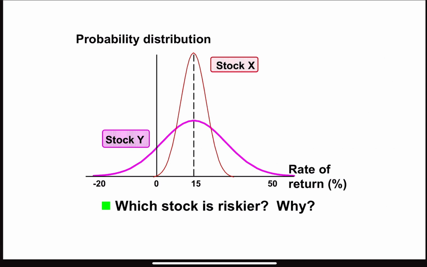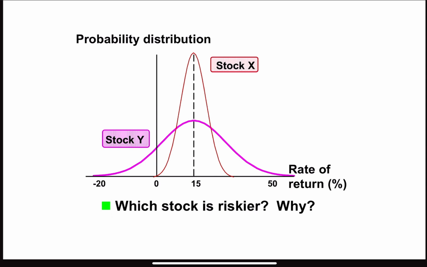Now, if we look at these two stocks, we have stock Y and we have stock X. This represents the rate of return, and we can see our distribution. For stock Y, it's a little bit wider. Stock X is thinner. So which stock is riskier?